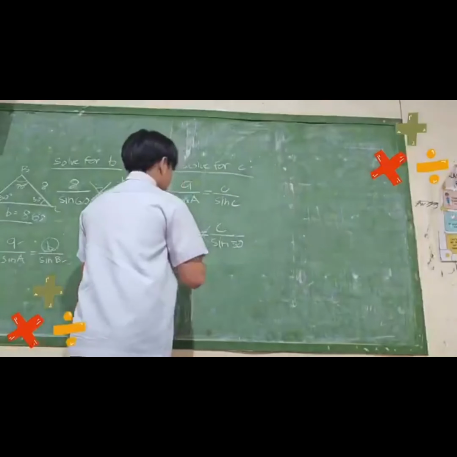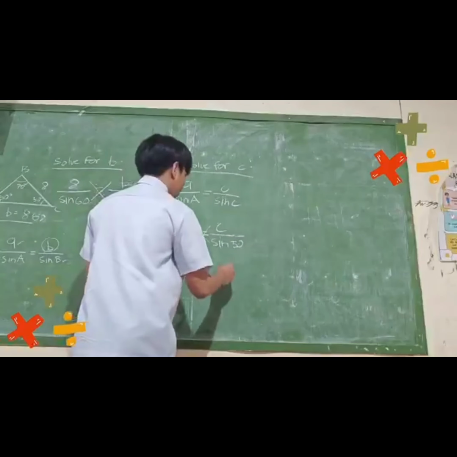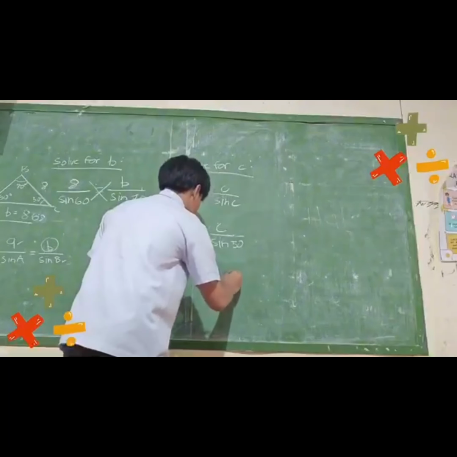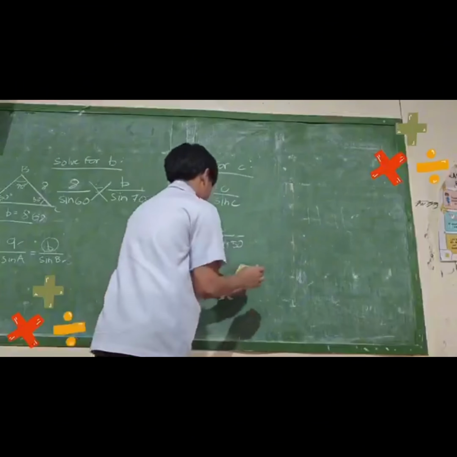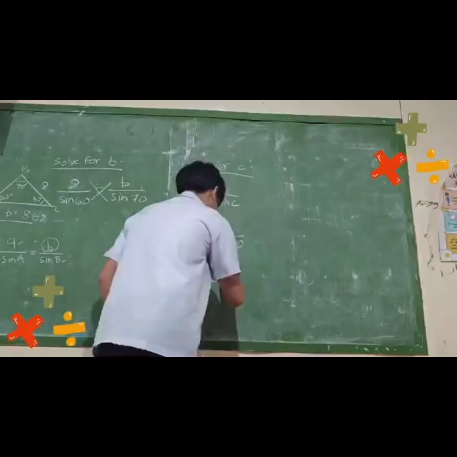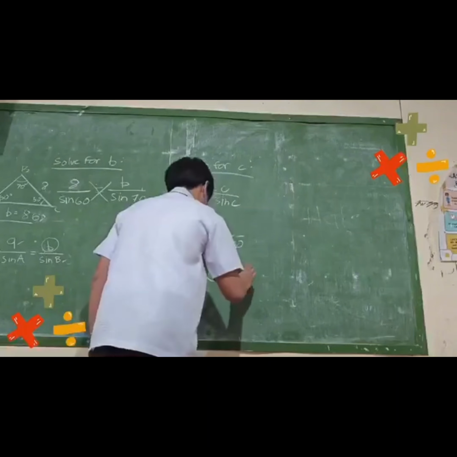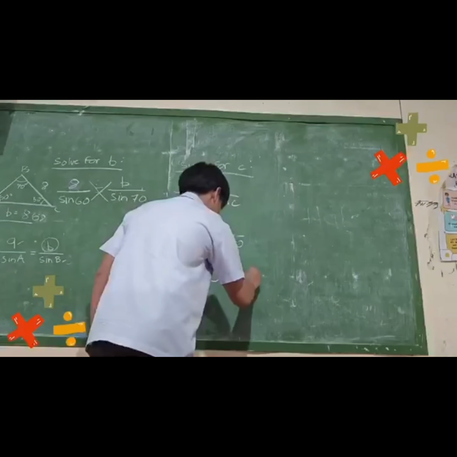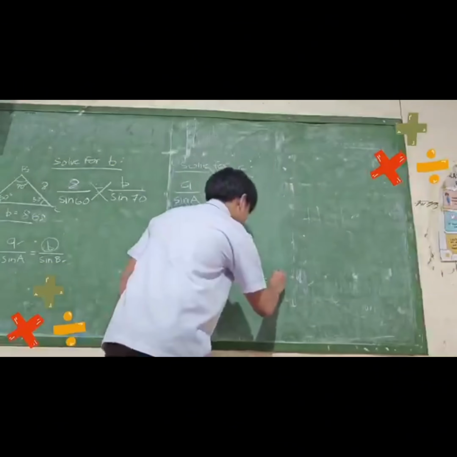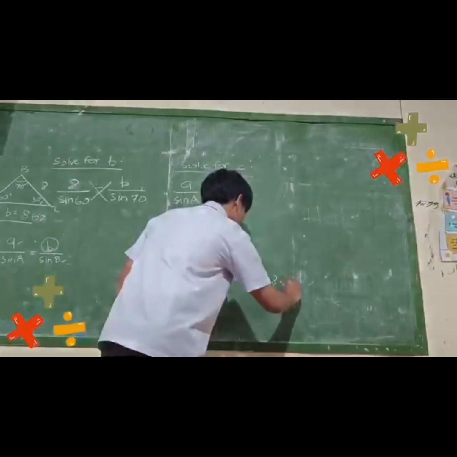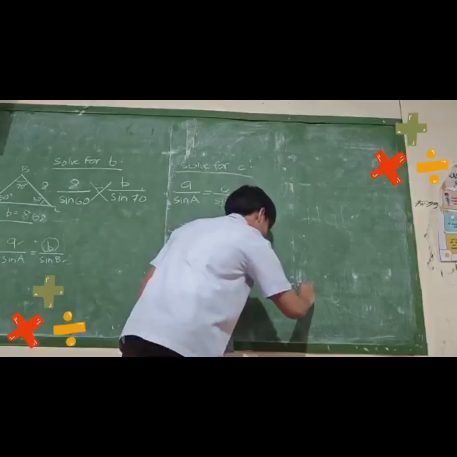So sine 60 times 8 is equal to C sine 50.